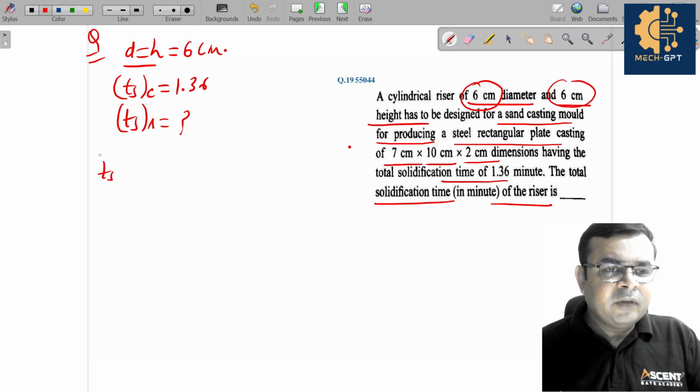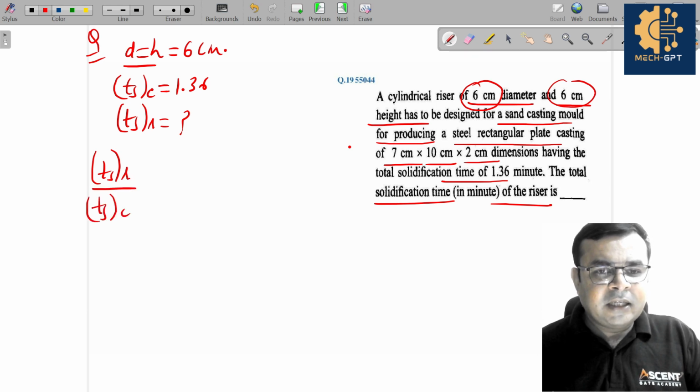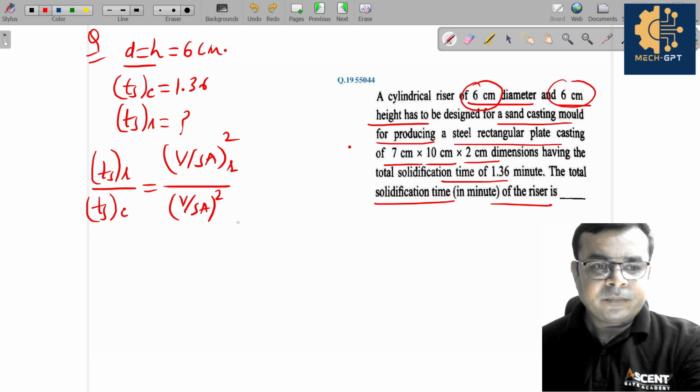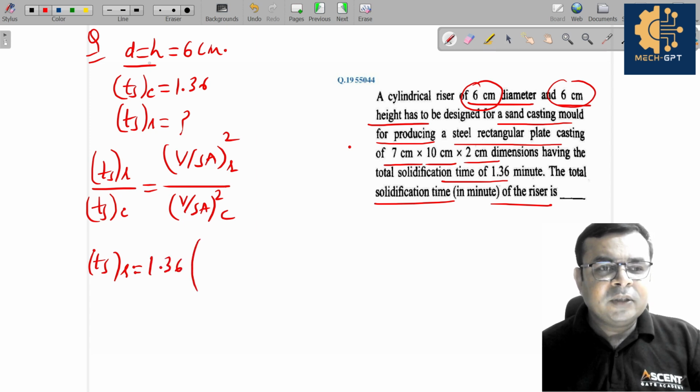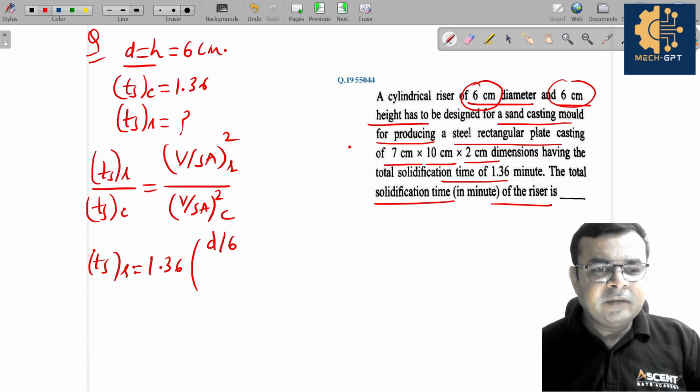So can I say the solidification time of the riser over the solidification time of the casting is equal to (V/SA) whole square of riser over (V/SA) whole square of casting? Yes or no? So simply, the solidification time of the riser is the solidification time of the casting, which is 1.36, into, since D is equal to H and if I assume this is a top riser, D by 6 over V/SA.